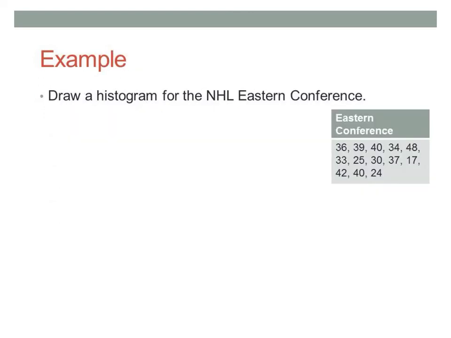So if we come back to looking at this set of data again, what we're going to need to decide is what are going to be our intervals. I mean, you could do 0 to 50 and catch them all in one, but that's not going to do us much good. So I would maybe suggest, we're going to do a frequency distribution first. We're just going to do it out to the side here. Let's do 10 to 19, 20 to 29.